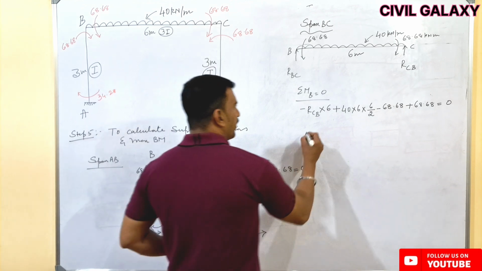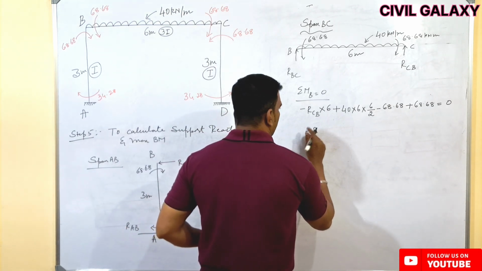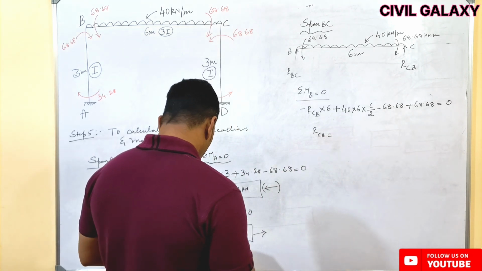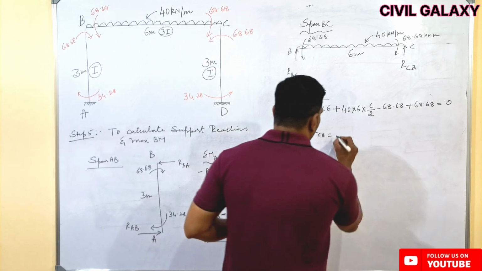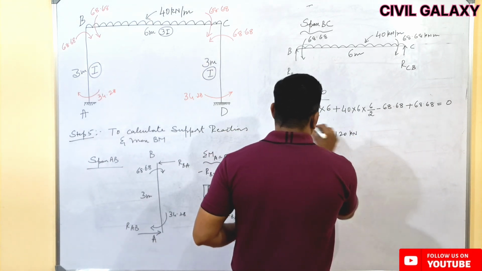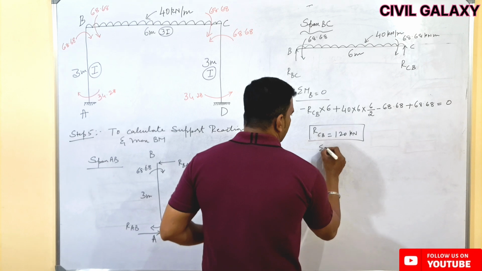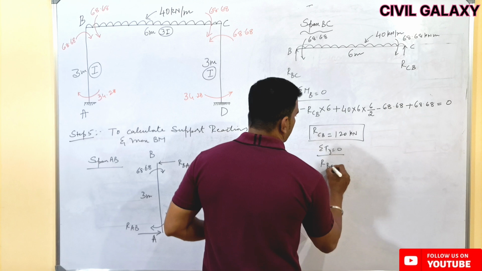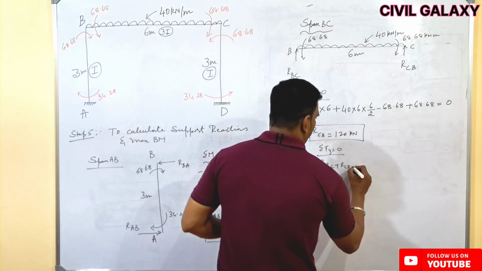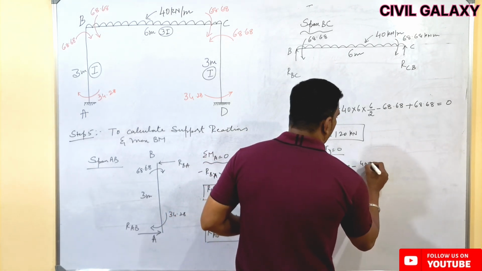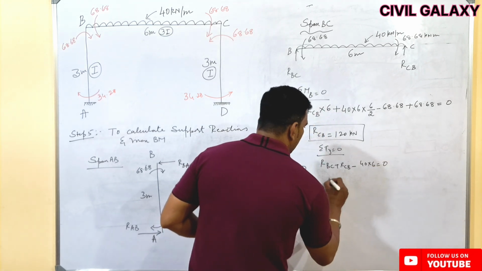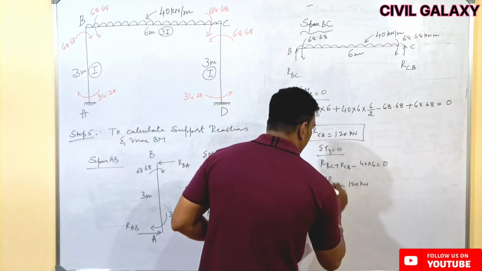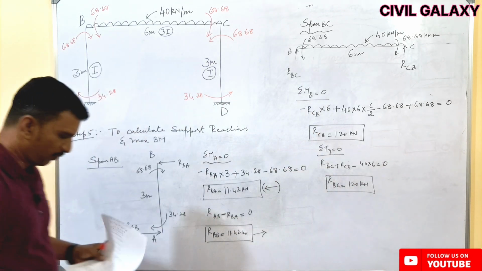Calculating the value of RCB, we get 120 kilonewton. Now if I take sigma Fy equal to 0, RBC plus RCB minus 40 into 6 is equal to 0. So the value of RBC will also be equal to 120 kilonewton. This is the value we have got.